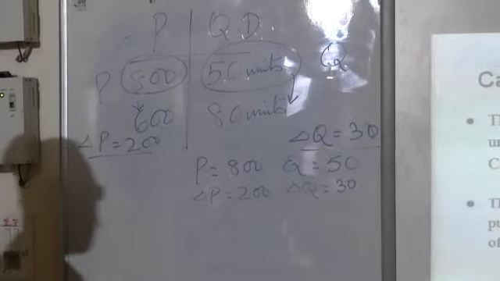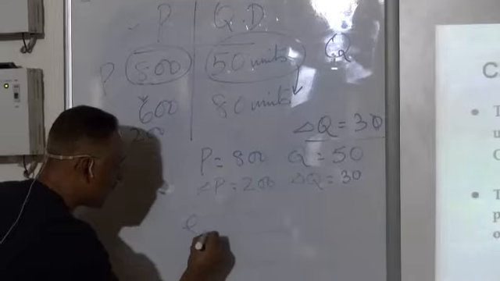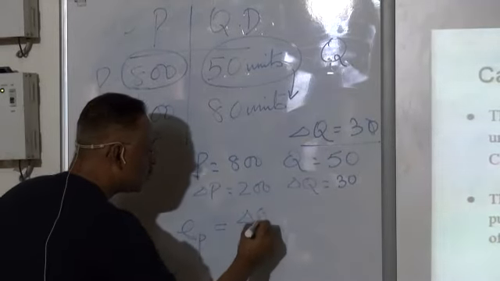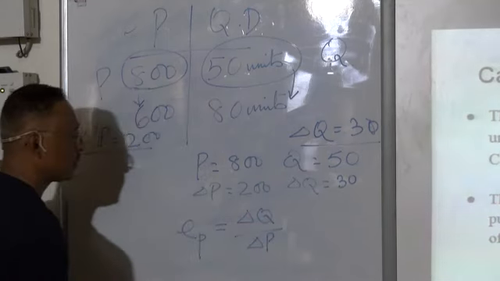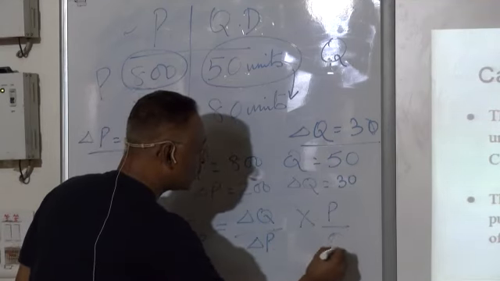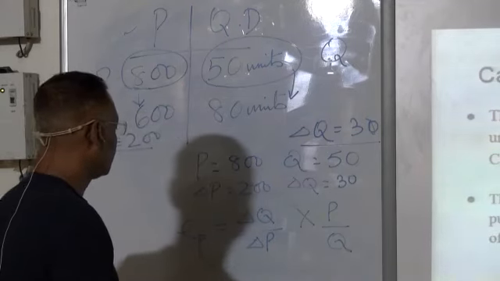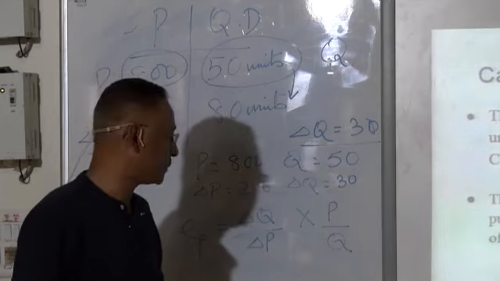Now, there is a formula that you should learn. The price elasticity of demand is equal to delta Q upon delta P multiplied by P upon Q. Okay, using these formulas, you will solve these questions.